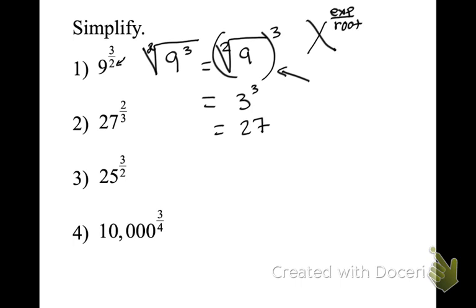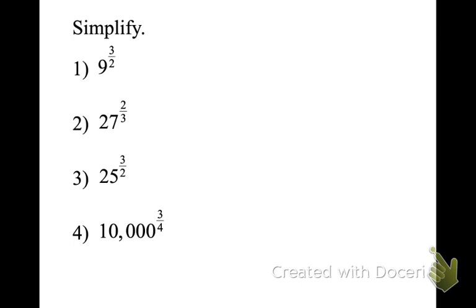Got it? Okay, I'm going to erase it, and let me see if I can do it that way. Okay, so it's the square root of 9, and then we are going to cube it.